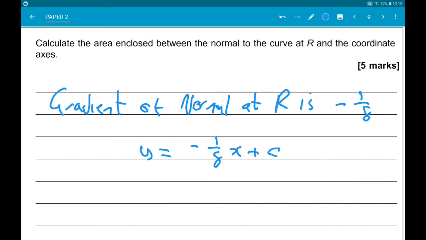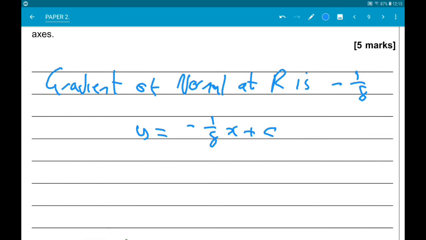Okay, now we need to find c, so we can again use the coordinates of r, so x is 2, y is 3. So we get 3 is minus 2/8, so minus a quarter, add c.